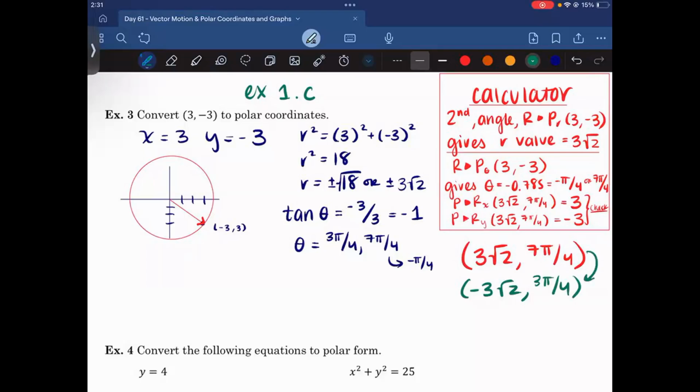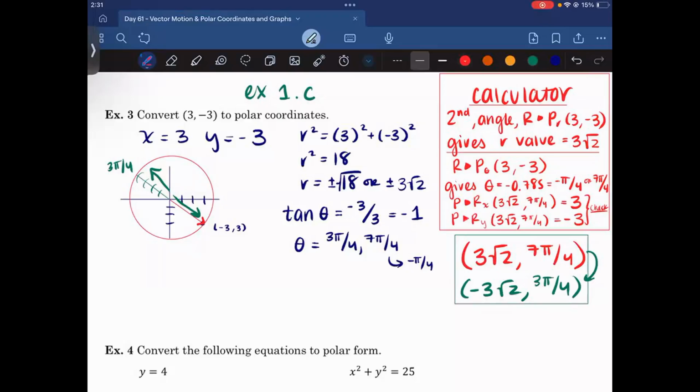Because if we say this is 3 pi over 4, to go towards this direction would have to be positive. But since it's a negative, it would actually be going this direction. It'd be going away. So that's exactly what example 1.c was saying. So these are the exact same point, just written differently. So that's why we are putting those with their corresponding counterparts.